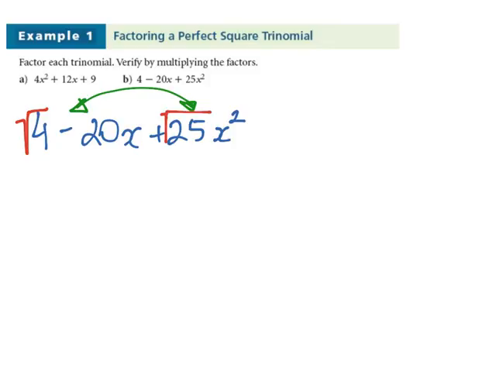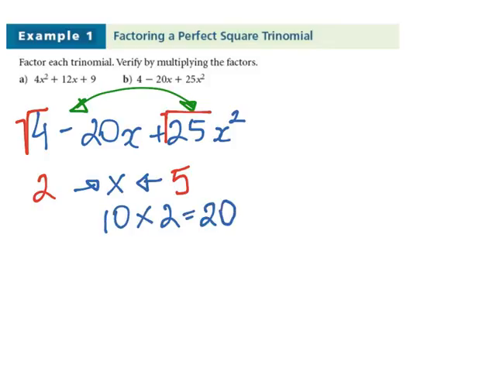So again, square root of 4 is 2. Square root of 25 is 5. And when we multiply these two, we'll get 10. If we double it, do we get 20? And the answer is yes. There's 20 right there. And I don't want you to worry about the negative sign just yet.